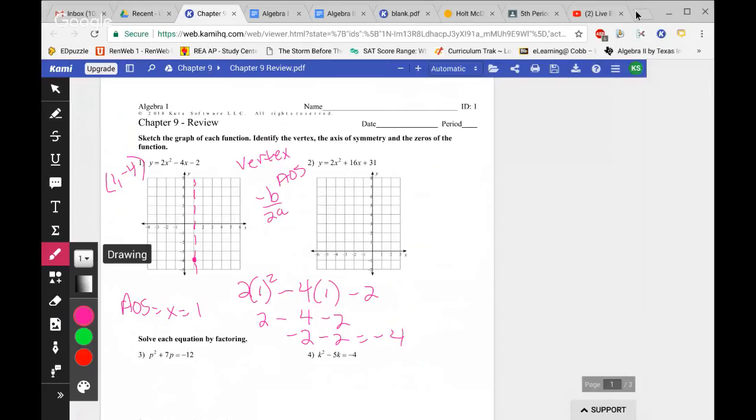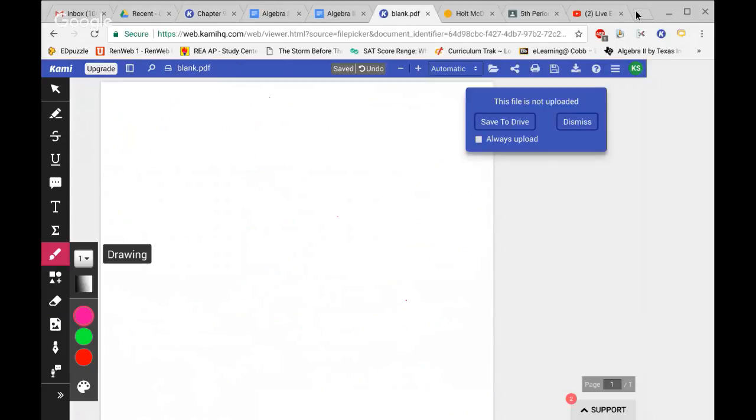We got 2x squared minus 4x minus 2, is that right? Yes, that's right.